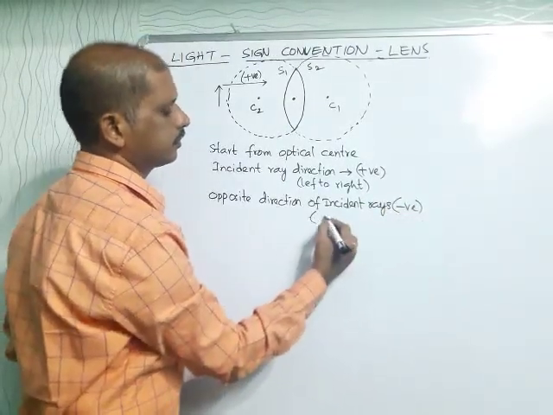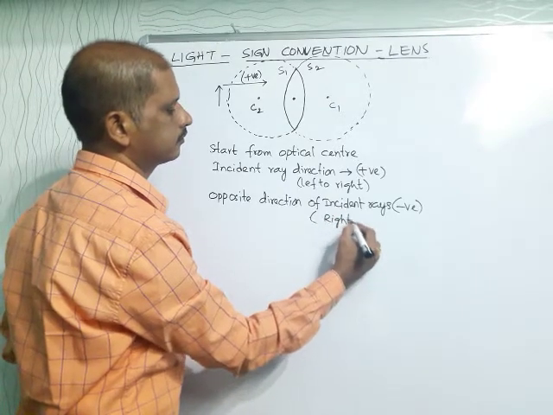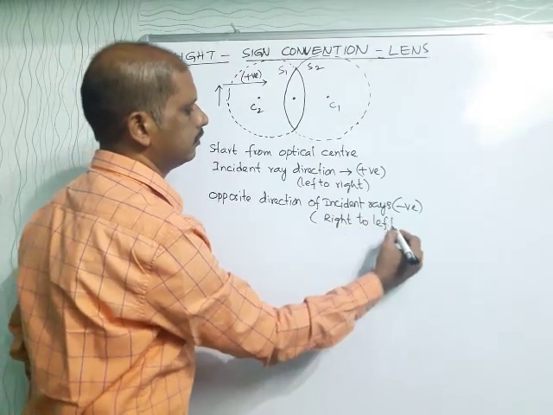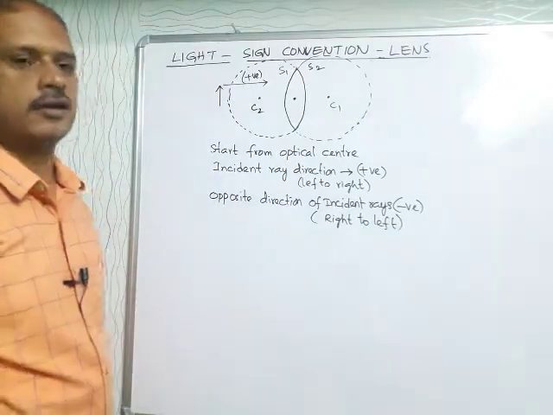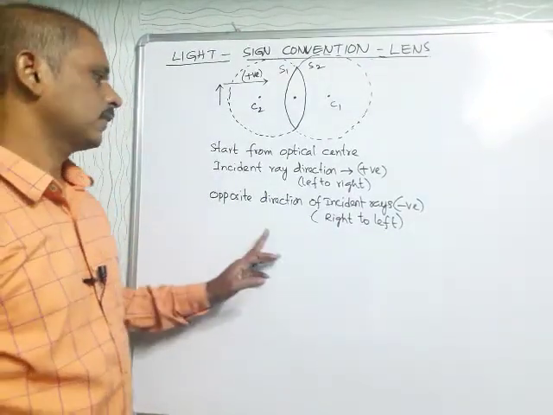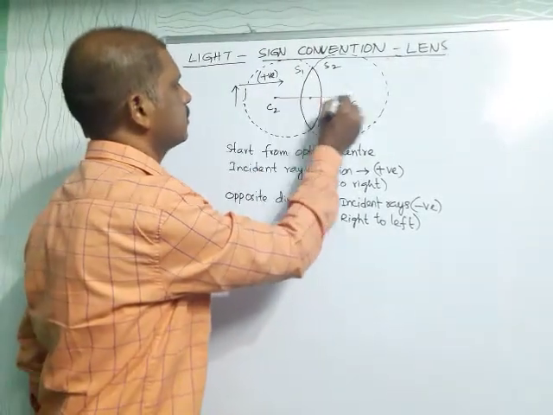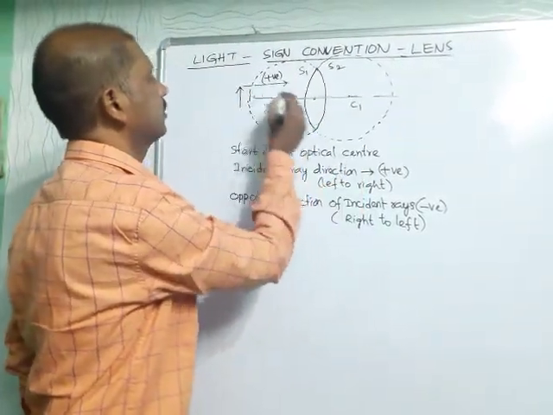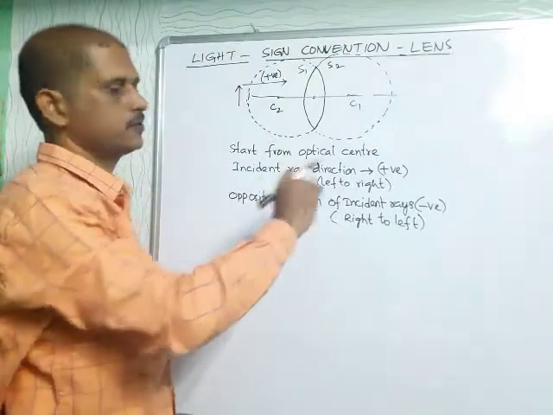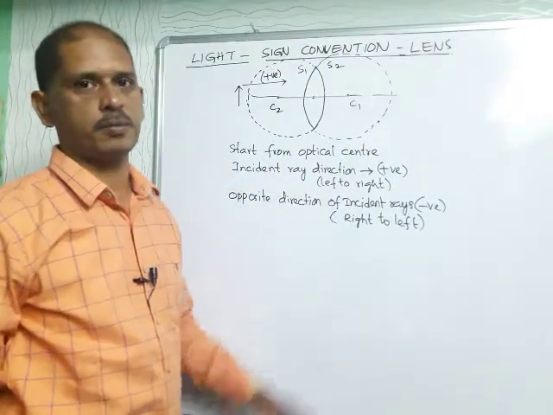That is right to left. This you have to remember carefully. And if you consider the principal axis, if you join this is considered as a principal axis. The above side it is positive, the below side it is negative. Simply you can remember that.